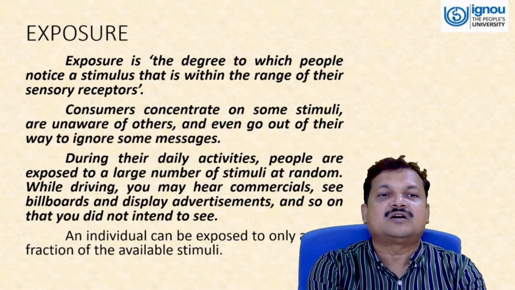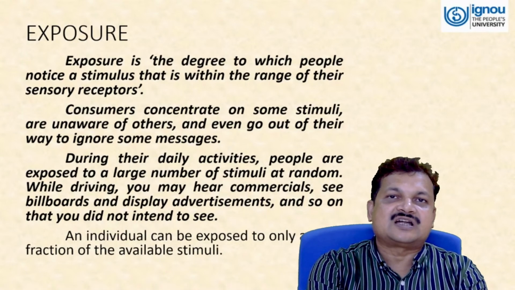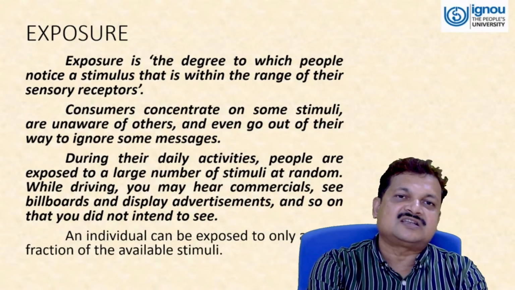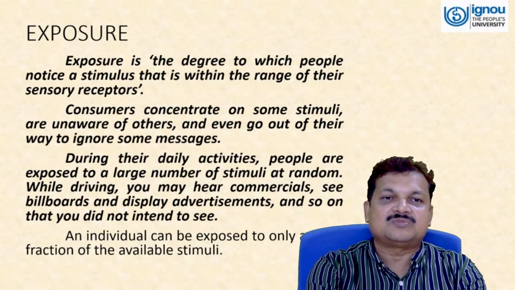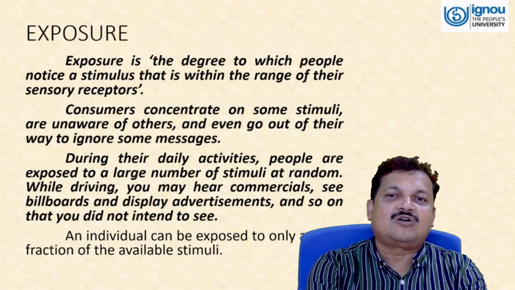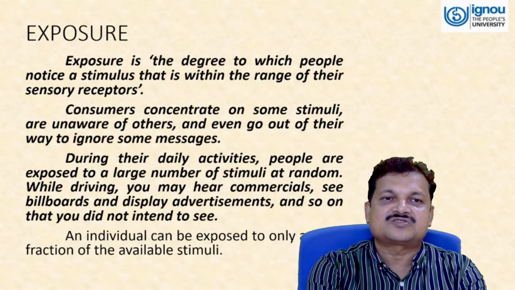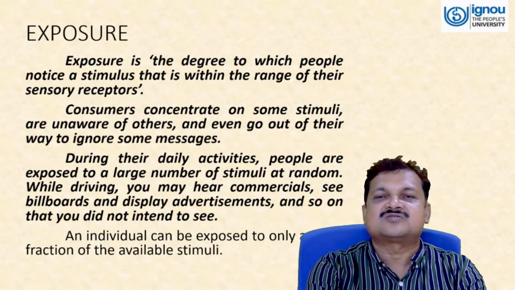In the absolute threshold case, there are stimuli which are recognized and stimuli which are not recognized. When a stimulus is recognized, there is some kind of sensitization and behavior can be seen. So if the stimulus is very strong, there is a chance that the sensory receptors will receive it.